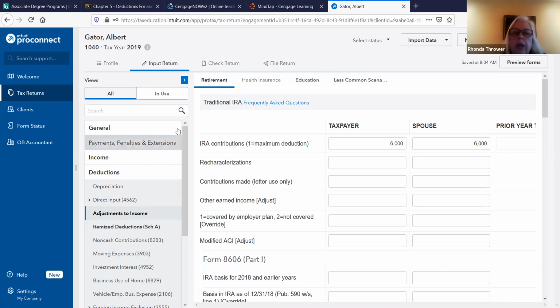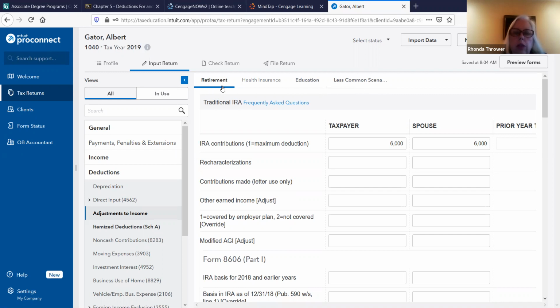It's going to bring up some tabs. Notice the tabs at the top are for retirement, health insurance, education, and less common scenarios. We want to make sure that we read our problem carefully.